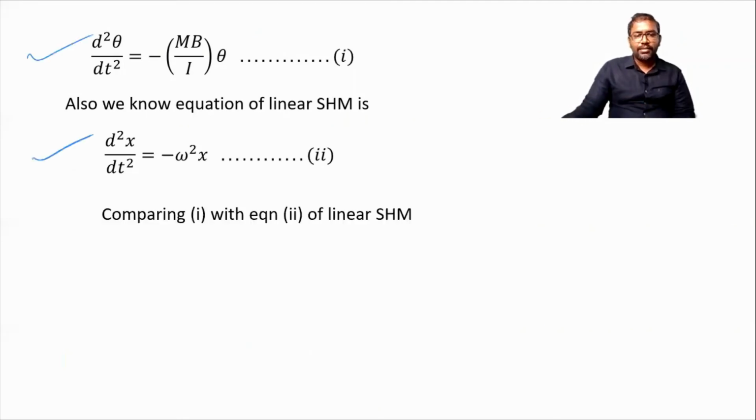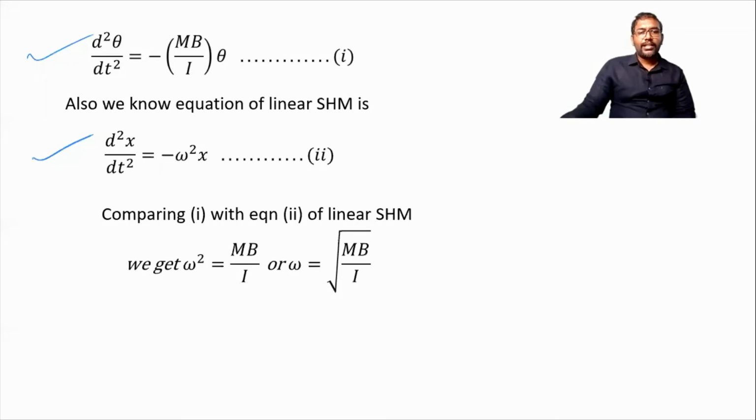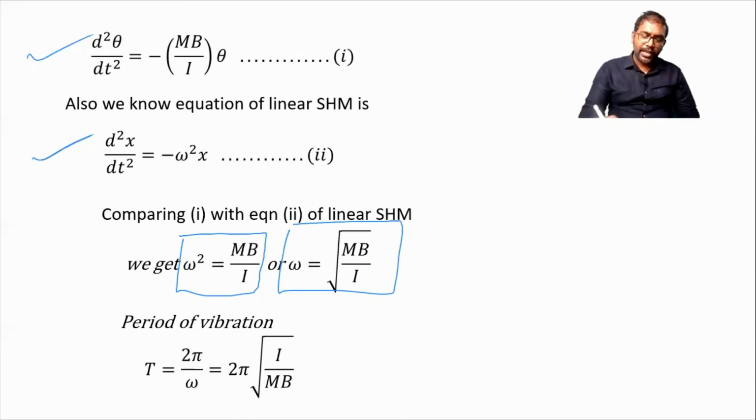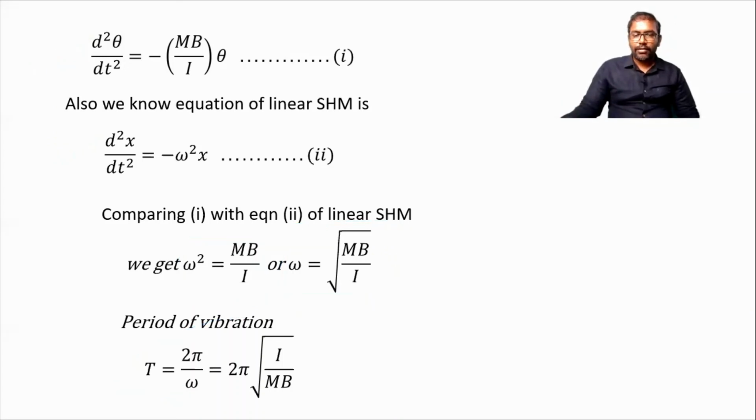By using equation 1 and equation 2 we can write omega square is equal to mb divided by I, or omega is equal to under root mb by I. So we can write the period of vibration here. Period is 2 pi by omega, and we substitute this omega in the formula of period. Then we get the formula for the period of vibration.